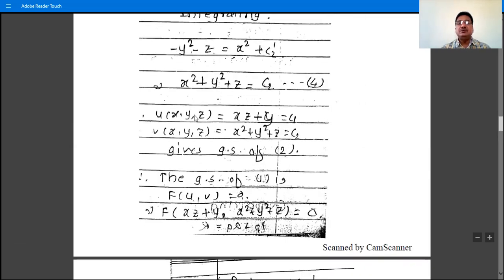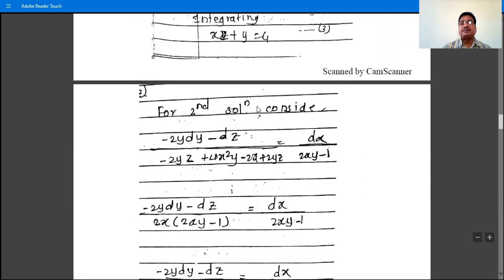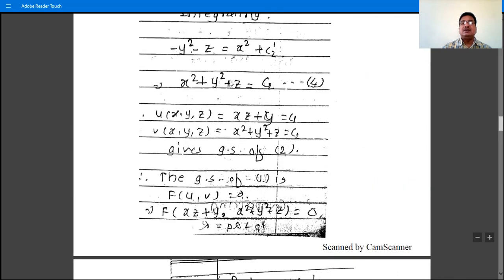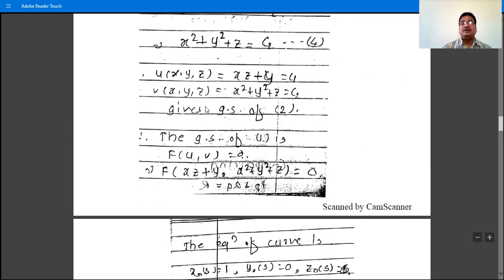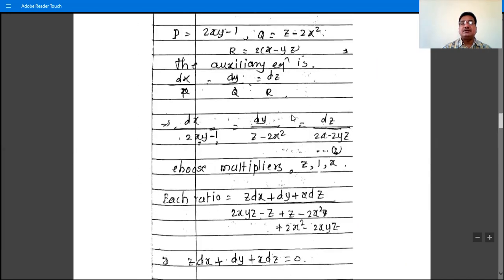Suppose the first solution is denoted by u as xz + y = c1, that is equation 3, and equation 4 as v(x, y, z) = x² + y² + z = c2, and these two form the general solution of equation number 2, that is dx/P = dy/Q = dz/R.